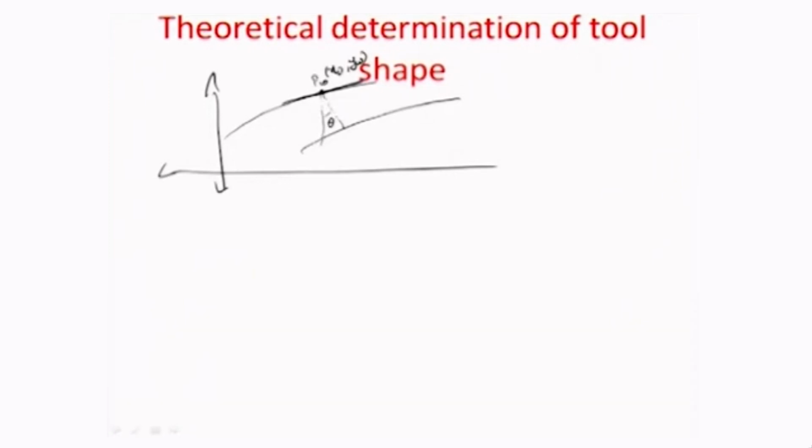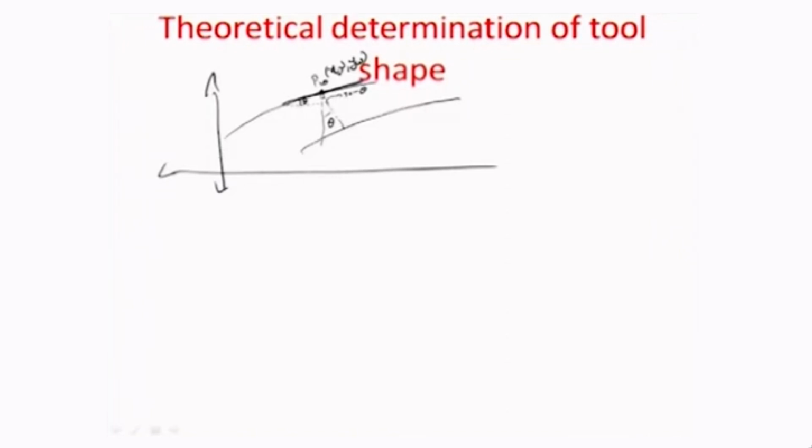So, if I were to just find out whether tan theta is dyw by dxw here, you see if this is theta, this becomes 90 minus theta, okay, and this becomes theta, right.